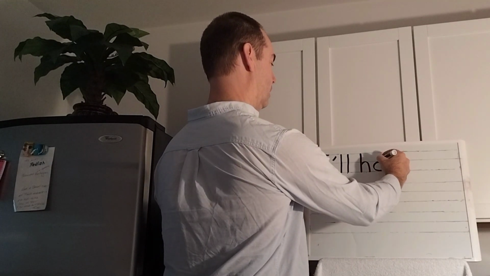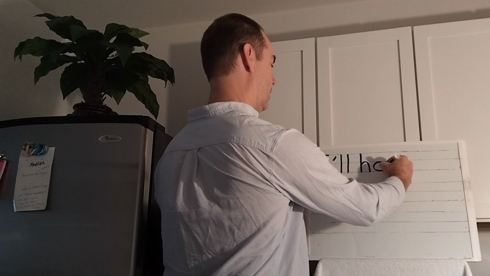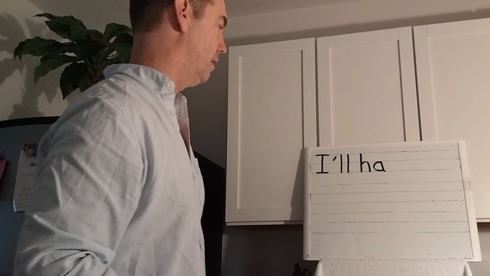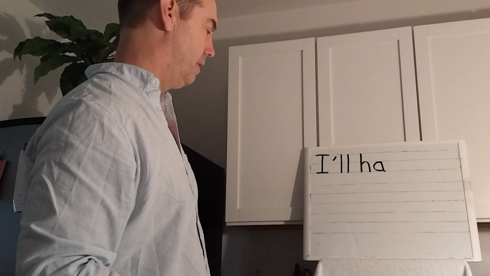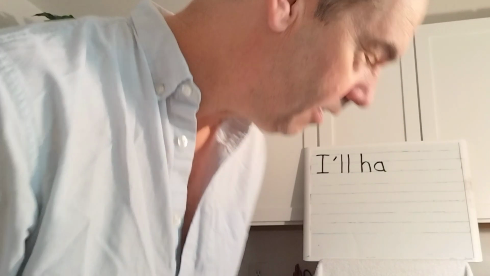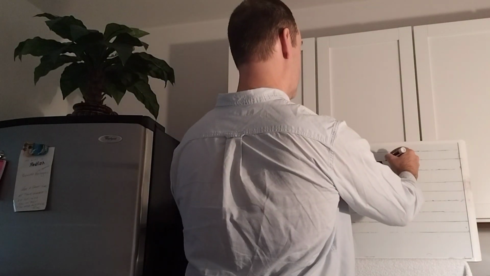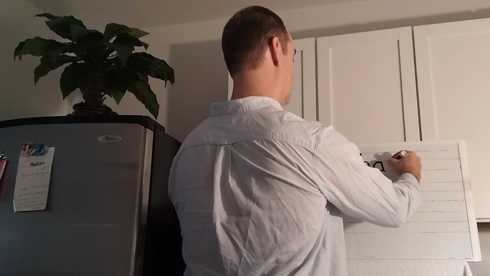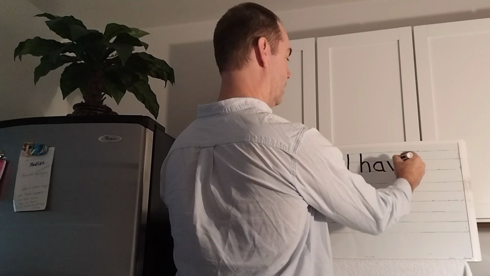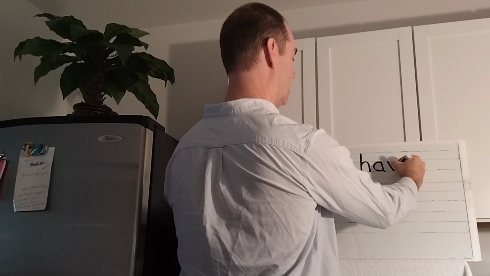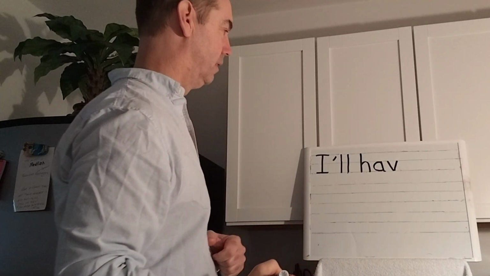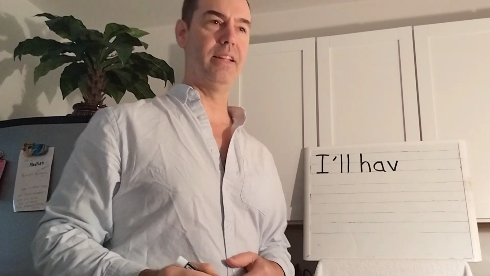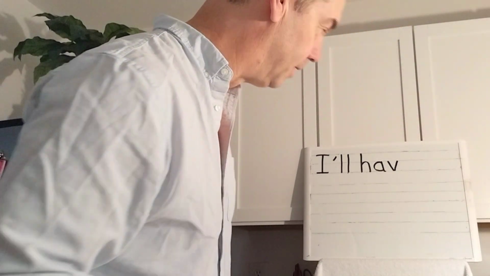Then we put a connector on it, down from the middle line down to the bottom. And then a V, have. Can you hear the V in have? Have. I can hear it. From the midline down to the bottom, and then connect it. Beautiful V. And then we got a silent E at the end of have.